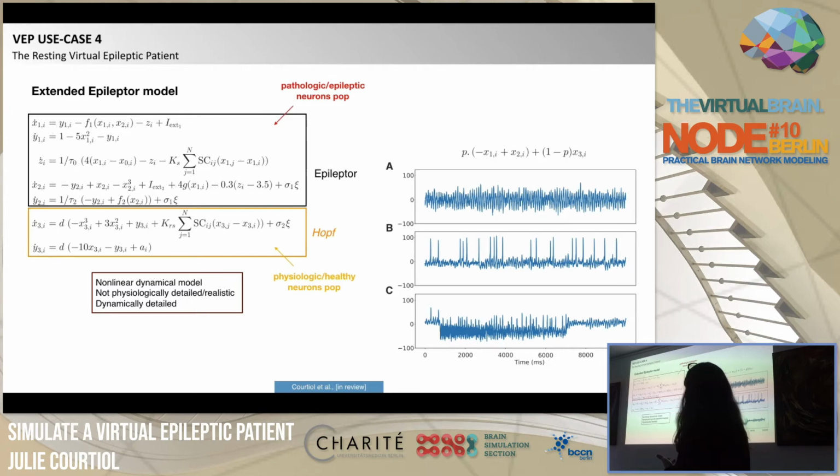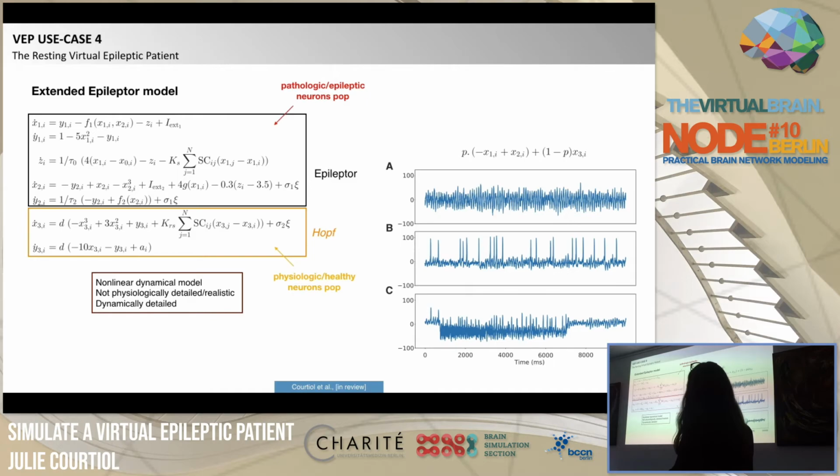It was done here by adding a third population with the OP subsystem. This system was really used in previous literature to reproduce resting state network activity. So now the output of this extended Epileptor will not only be the output of the Epileptor, but also combined with the output of this OP model.